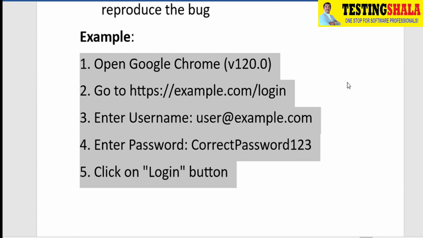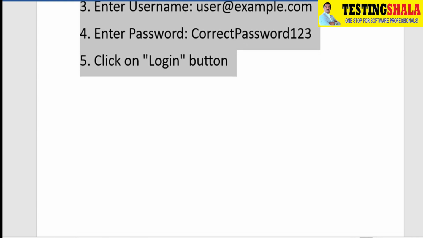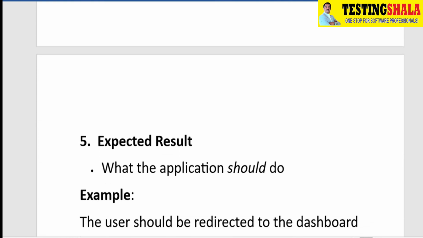This is the way we should write detailed steps to reproduce: open a browser of a particular version, go to the URL you have given for your application, enter the right username and right password, and click on login. Then they should be able to reproduce the issue in this scenario. That is what we want to give in steps to reproduce.